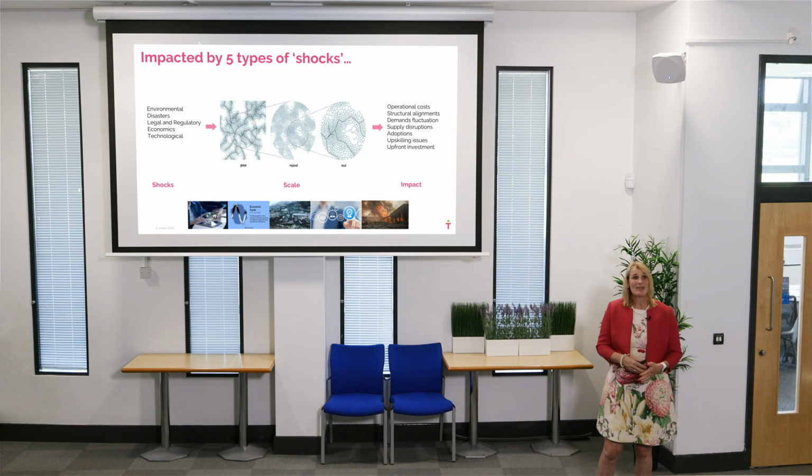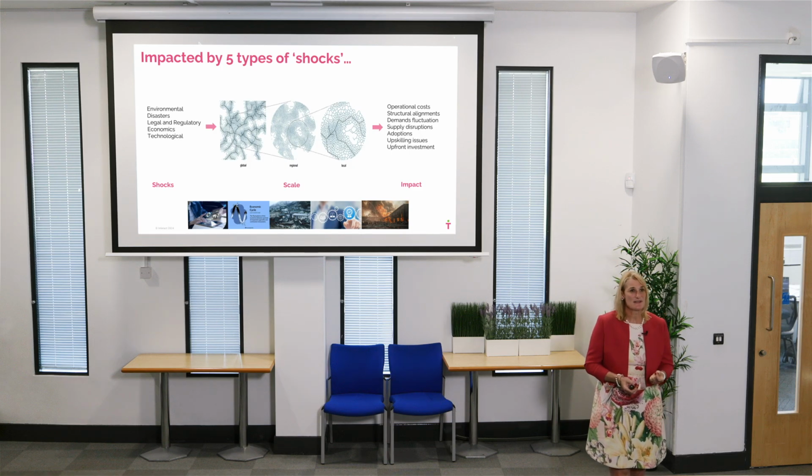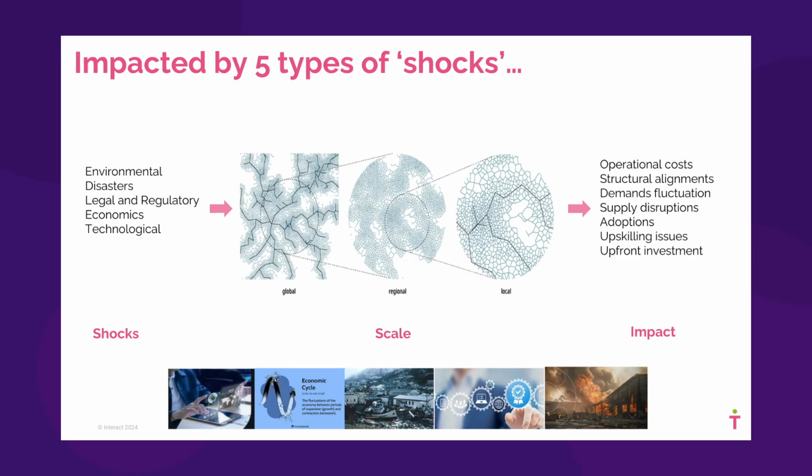And actually, when we think about all of those different forces, they can create 5 different types of supply chain shocks. They could be environmental, they could be disaster-driven, they could be legal or regulatory-driven, economically driven, or technologically driven.